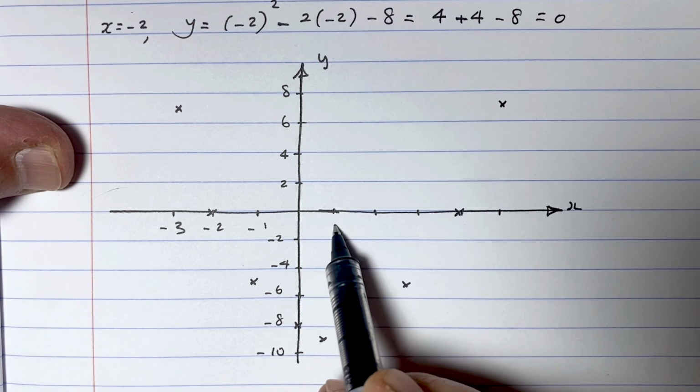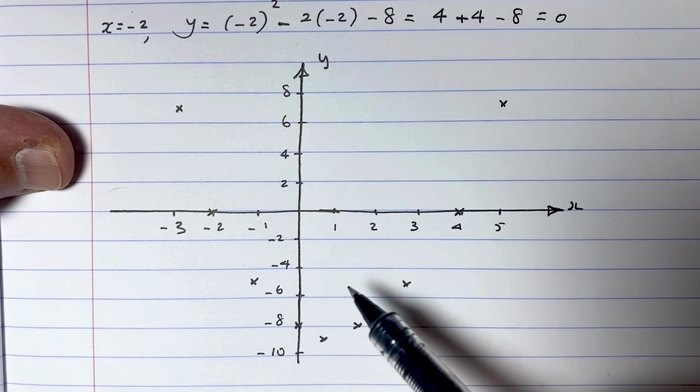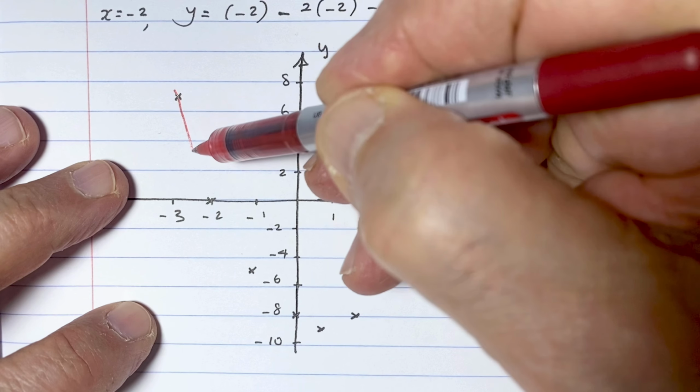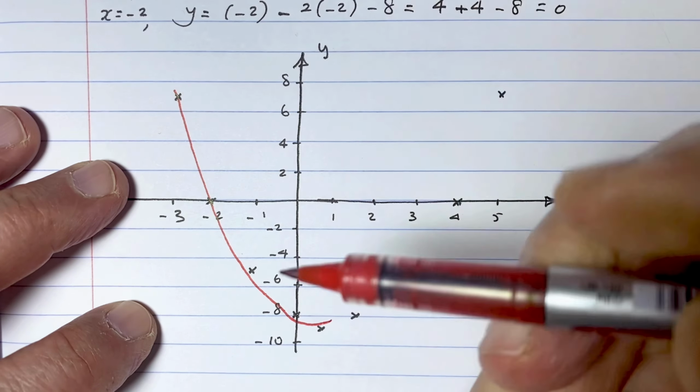So 1, 2, 3, 4, 5. So I will be sketching the graph. Should be a smooth graph going through the points.